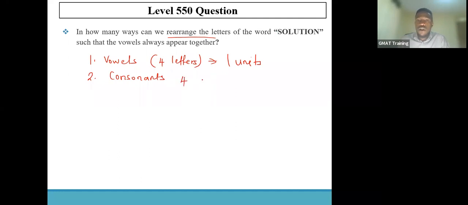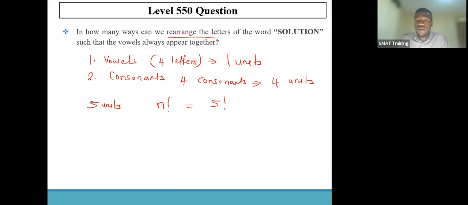We have 4 consonants, and since they are all distinct, in that we are not required to arrange them together, we can look at them as 4 units. So in total, we have 5 units which we are required to arrange, right? The means of arranging is just doing n factorial, so in this case, you would have 5 factorial.